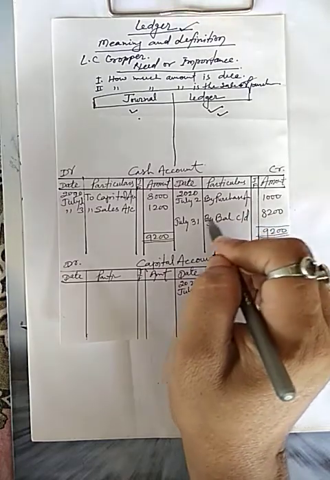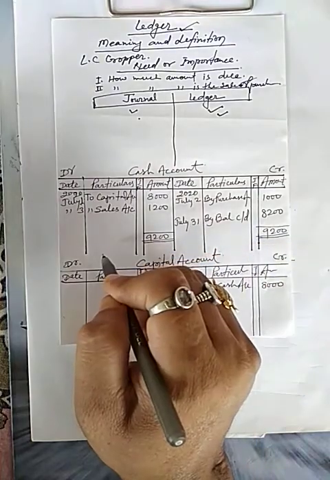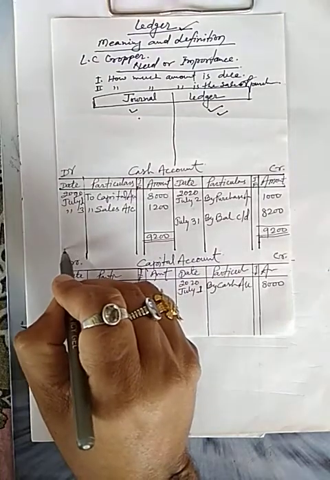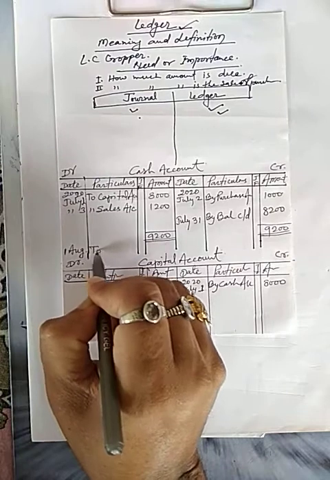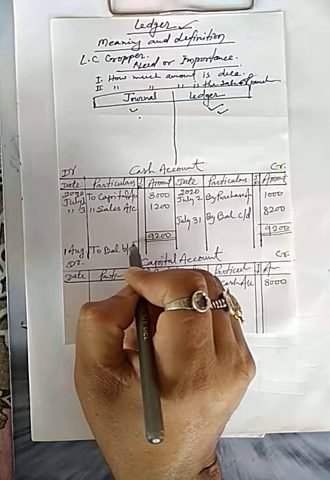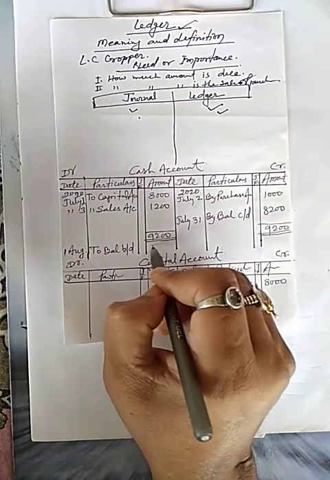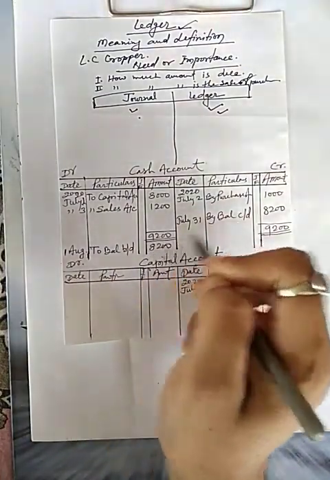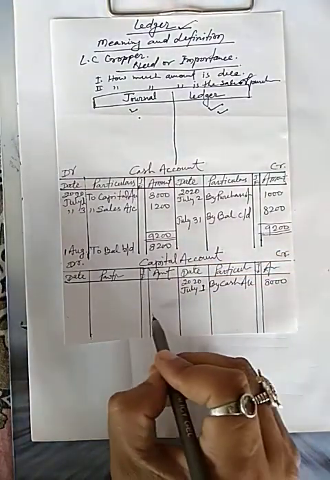Now balance c/d will be forwarded to next month, so on 1st August to balance b/d, brought down, it will be 8,200. So this is the process of balancing. I am doing one more account.